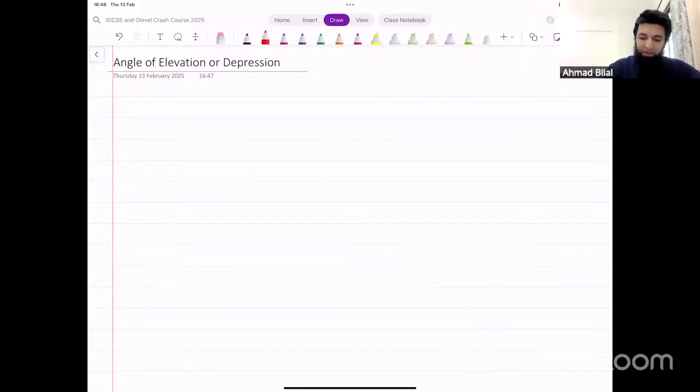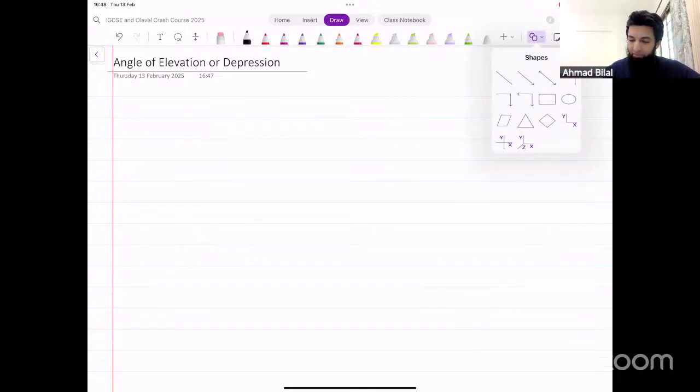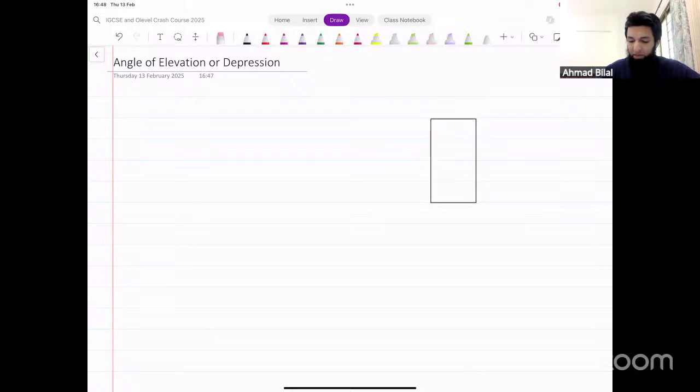Let's think about it. Let's say you have a building like this. My drawing is not very good, so I'll just make a rectangle here. Let's say we have this building, and you have a person standing here.